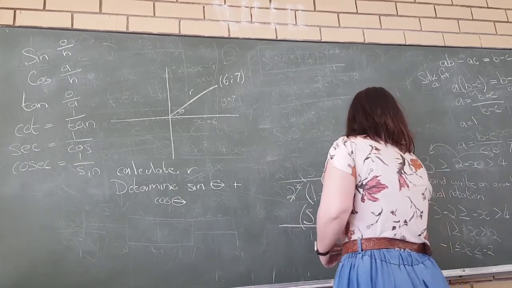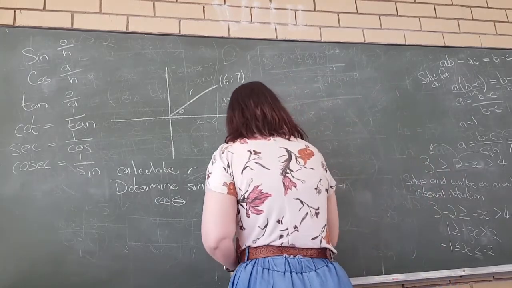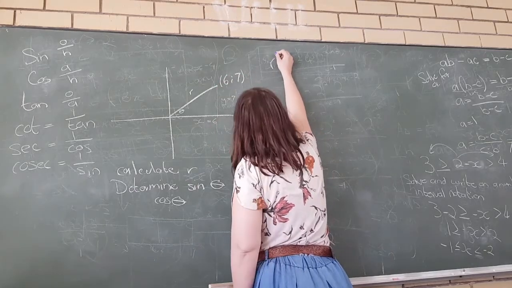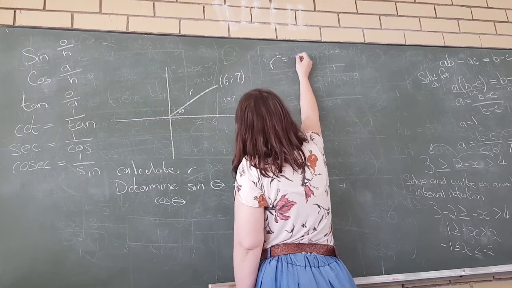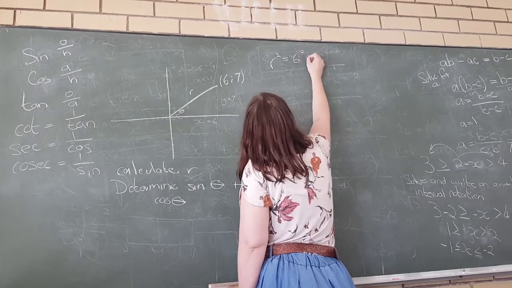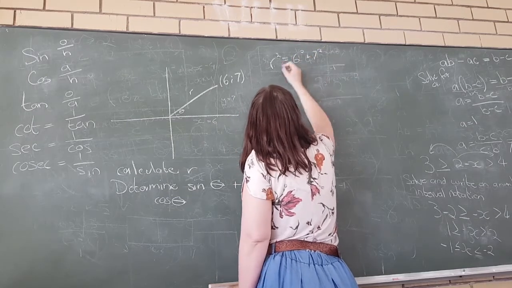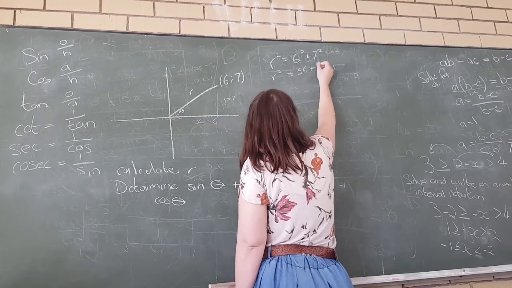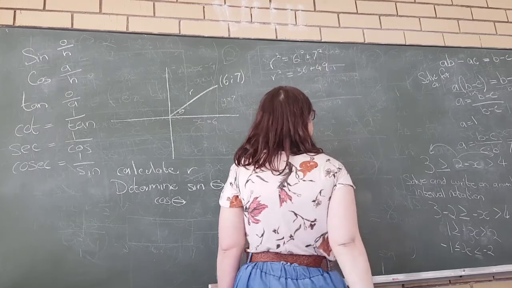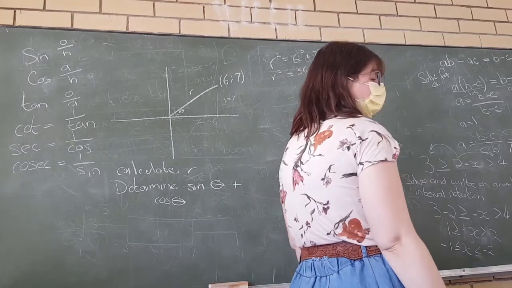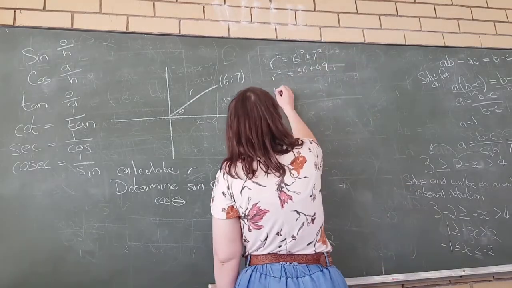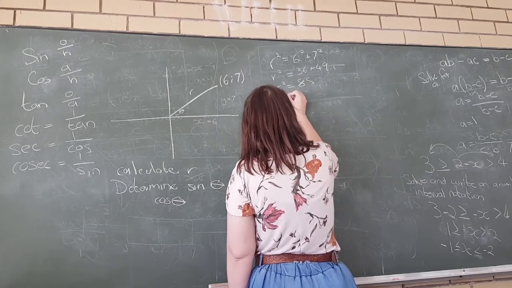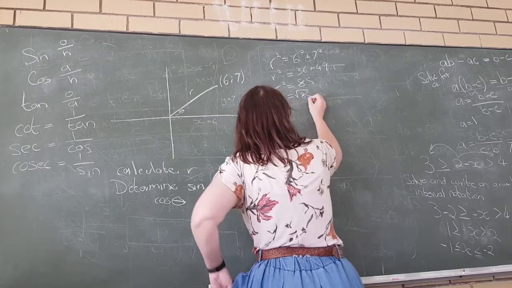To get R, we say R squared is equal to 6 squared plus 7 squared. R squared is equal to 36 plus 49, which gives 85. So R squared is equal to 85. R is equal to root 85.